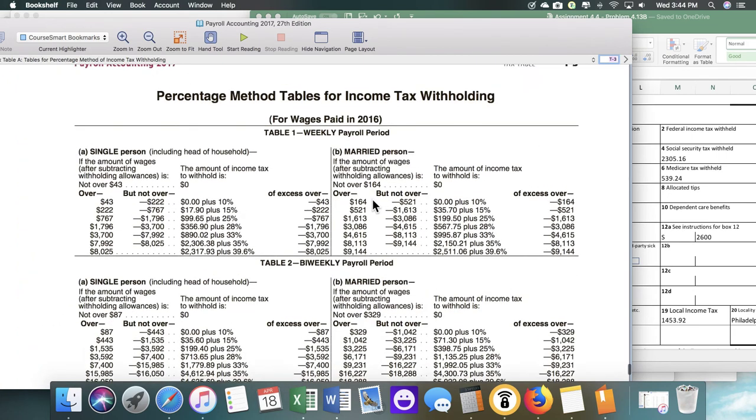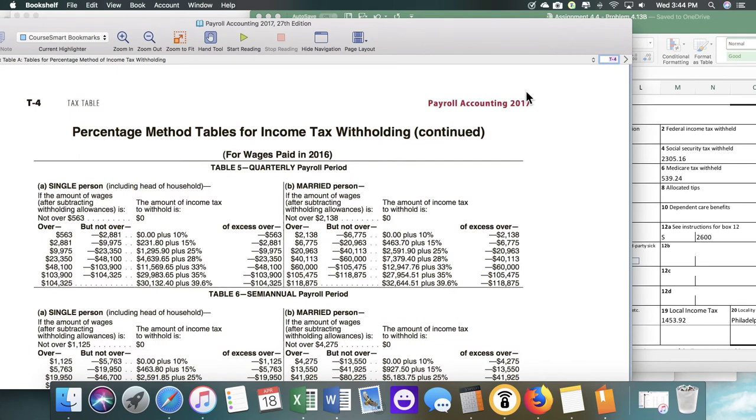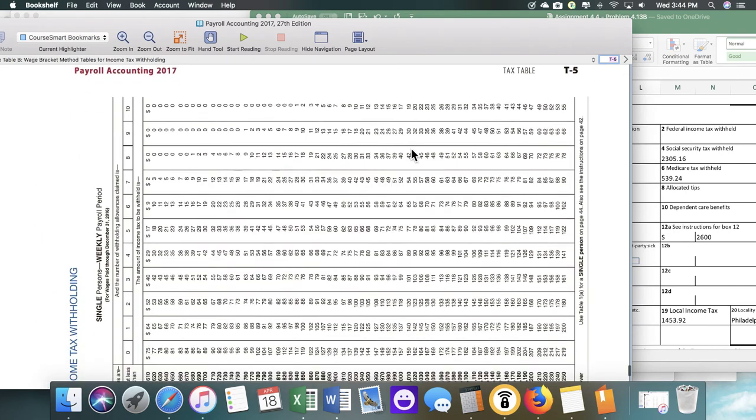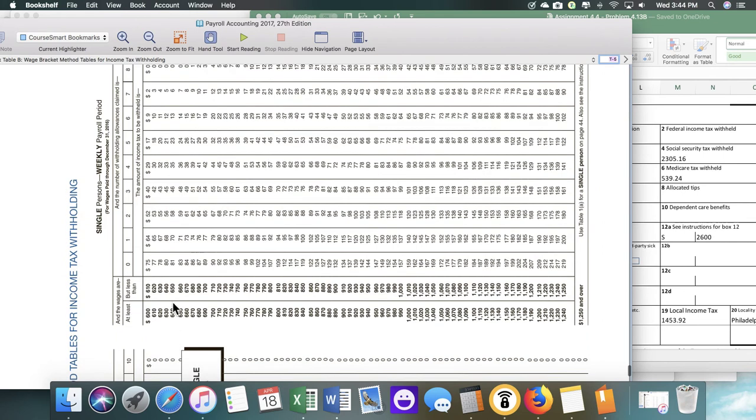Okay, so we need to go over a couple pages. So we're going to go on T5, weekly, 715, so at least 710, less than 720. That's 1, 2, so she's at $80 a week.